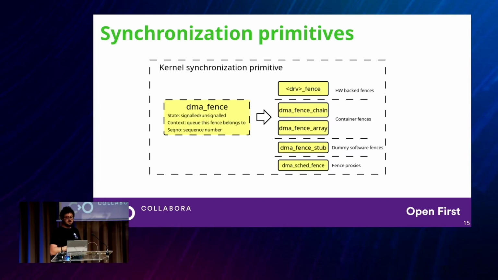Pretty much the same thing with fence chain, except it's not an array, it's a singly linked list, but it's pretty much the same approach there. And there are also purely software fences. The stub fence is just a fence that is either always signaled or unsignaled. It doesn't change in state. And the proxy fence is just a proxy.